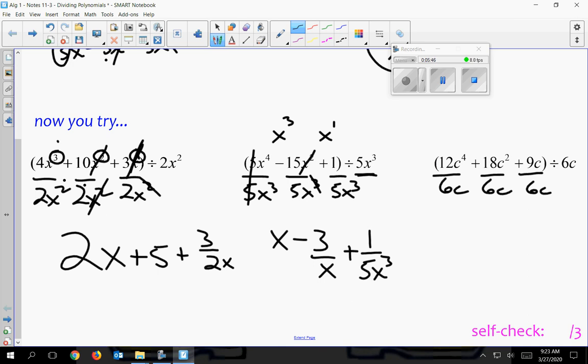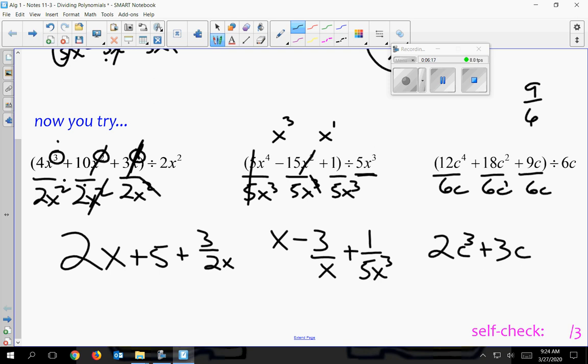All right. This next one, 12 divided by 6 is going to give me a 2. C to the fourth divided by c to the first is subtracting exponents, so it gets me c to the third. I have 18 divided by 6 is going to give me 3. And a c squared divided by c to the first is going to give me c to the first. 9 divided by 6 is just 9 over 6. I'll do that up here so you can see it.